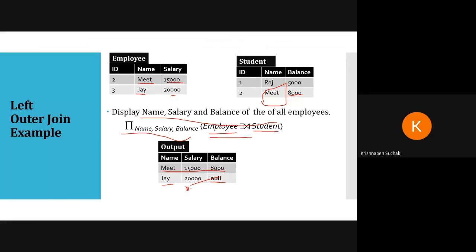Why? Because in this table, Raj is not given. So this will be null and the balance will be 5,000 for Raj. So this will be my right outer join. Clear? Yes, Ramesh. Meet and Raj, where Raj's salary will be null. Okay, good.